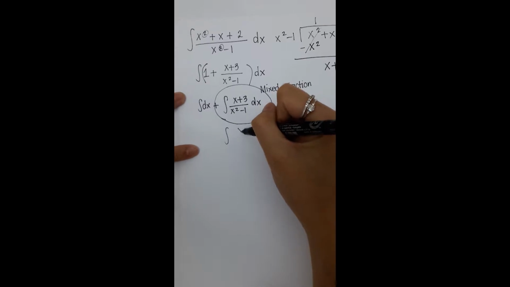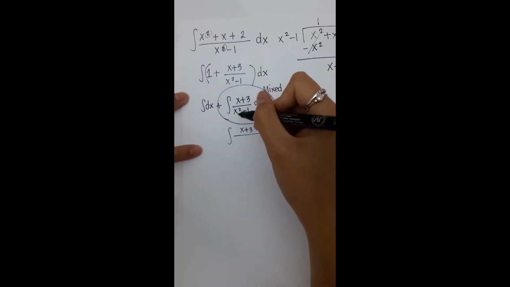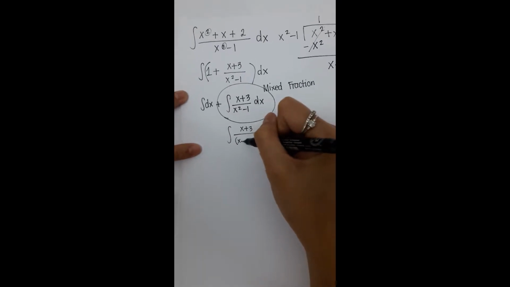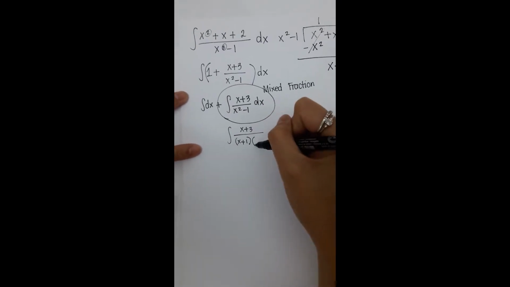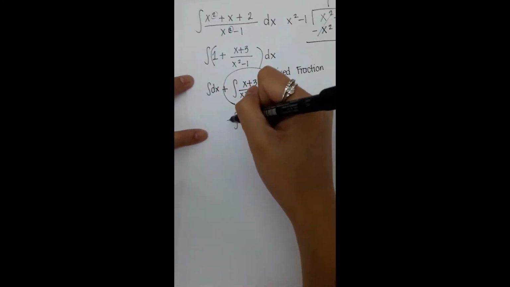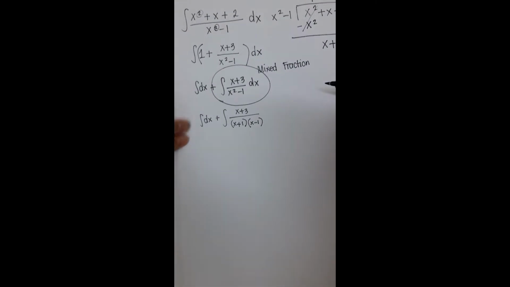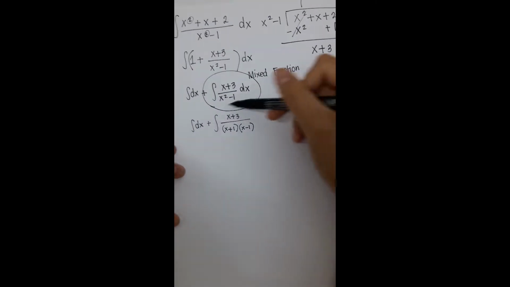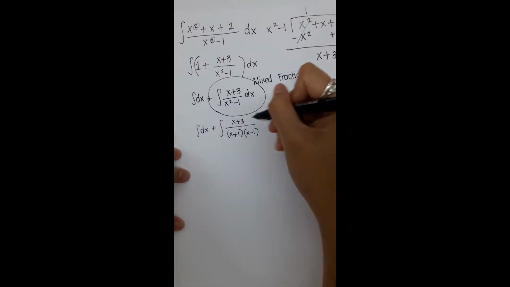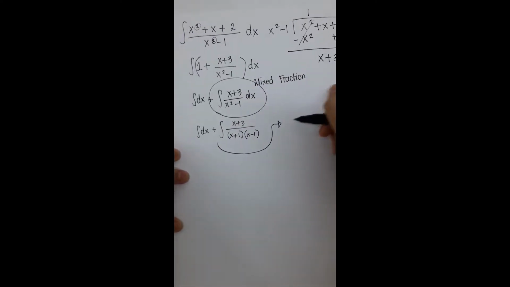So that will be the integration of x plus 3, and the factors of your denominator are x plus 1 times x minus 1. Let's not forget that we have here integration of dx. And then we will transform now this expression into this partial fraction.